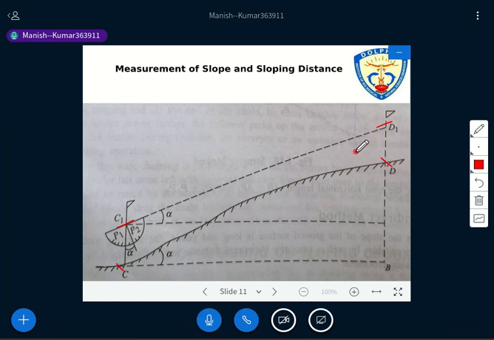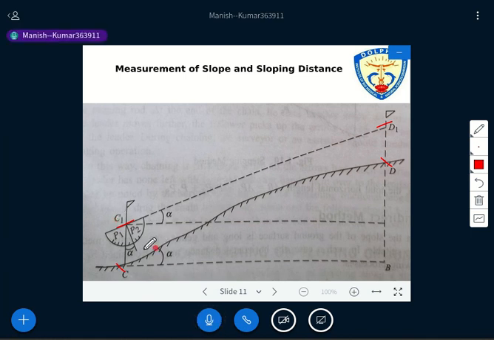When you get that position, hold it. At this position the thread of the clinometer, the thread on which the plumb bob has been fixed, will show you the angle of the slope of the ground, right?